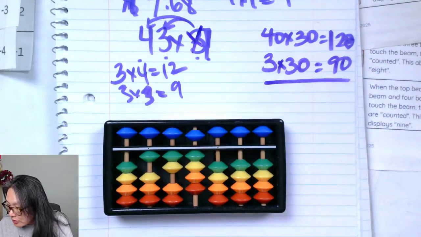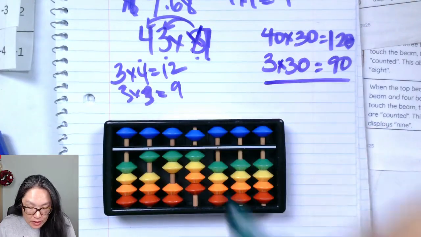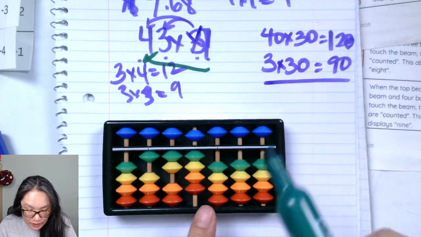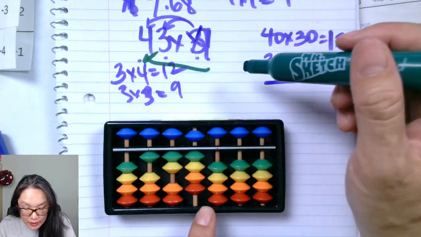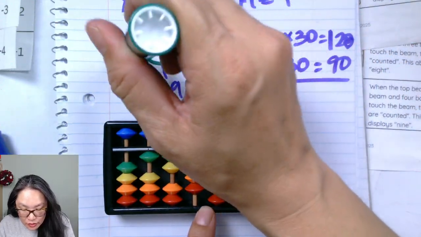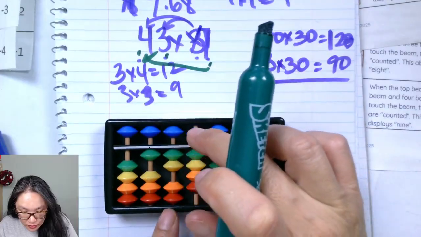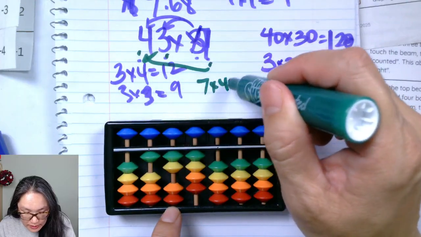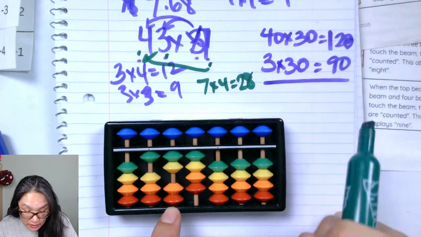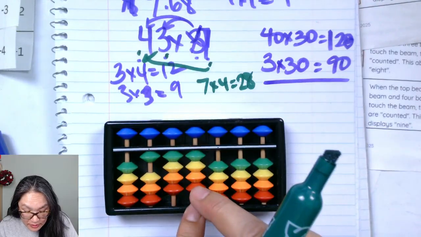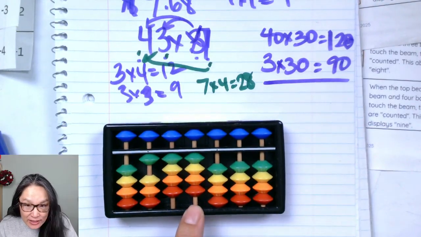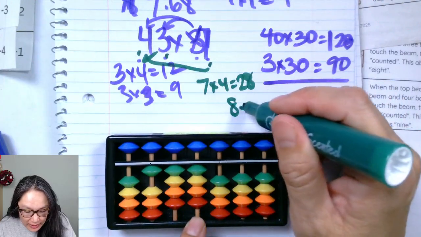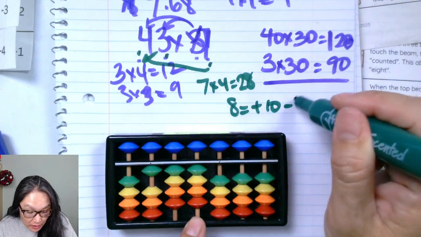So the next thing we're going to do is 7 times 4. But the first thing we need to do is understand how many digits we have left. 1, 2, 3. 7 times 4 is equal to 28. I add 2, I add 8. To add 8, I need to do plus the 10 minus the 2.